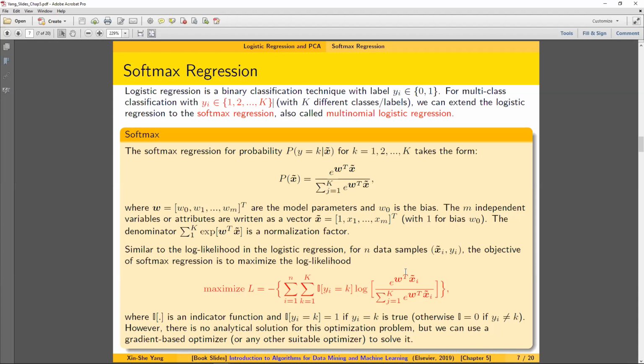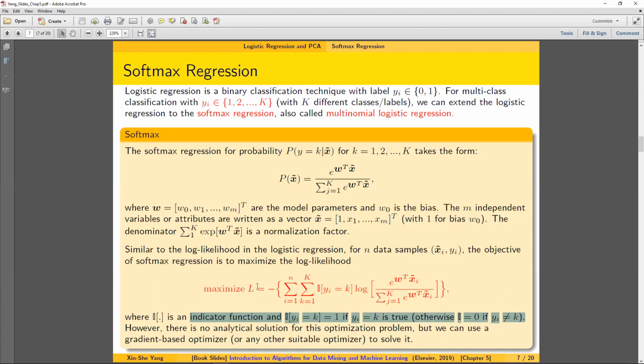And then we're trying to maximize L, which is the negative sum over each individual observation with each categorical category for the Y variable, and then leverage this indicator function. With this indicator function, if yi equals k, then it's 1. Otherwise, it's 0.